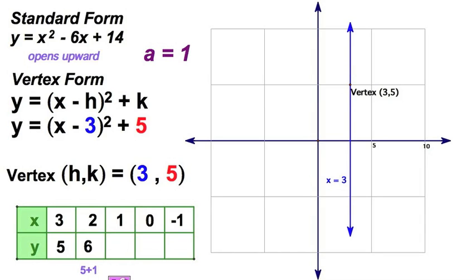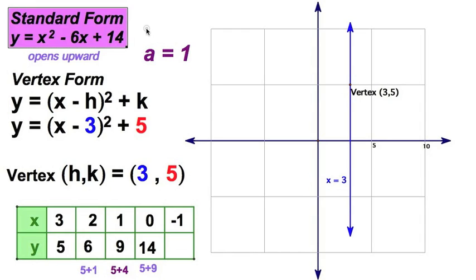I know if I move over 2, 2 squared is 4. So I'm going to have to move up 4 relative to my vertex. Now I could continue this. Of course, now we're going to go off the graph, but that's all right. (0, 14). I look at that, and that checks out with my original standard form as the y-intercept.